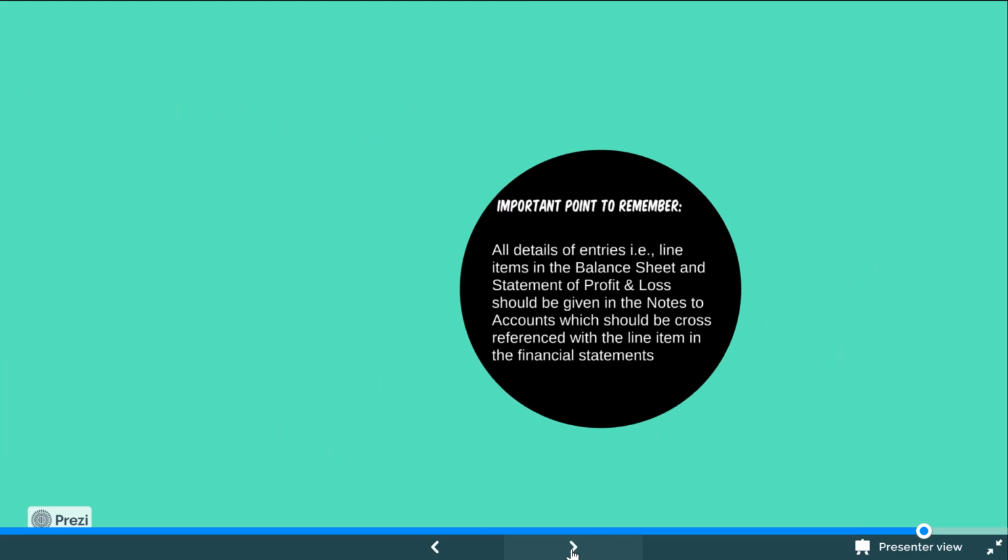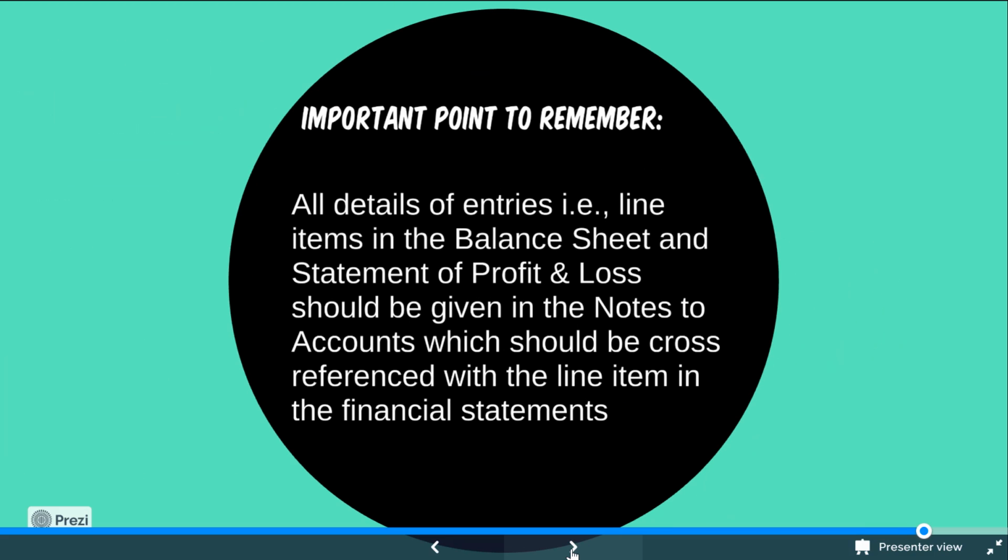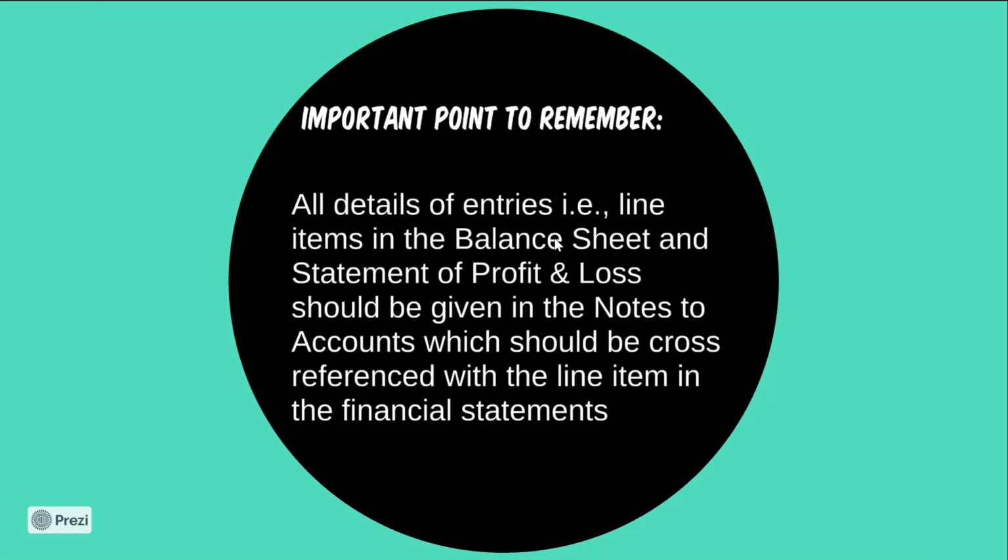Now we need to note a very important point. This point is common to both balance sheet as well as statement of profit and loss. That is, all the details of the entries, that is the line items in the balance sheet as well as the statement of profit and loss, should be given in the notes to accounts, and this should be cross-referenced with the line item in the financial statements.